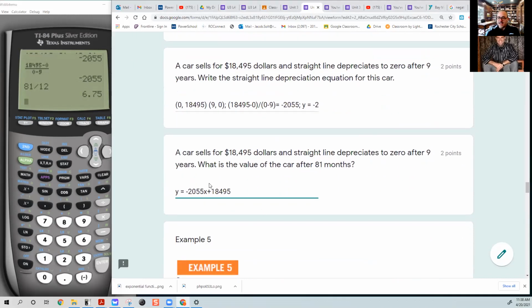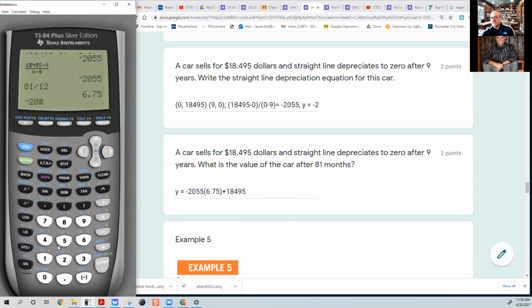Well, if that's the case and x is time, then I can stick 6.75 in for x in this equation and figure out what that equals. Let me let the math machine tell me.